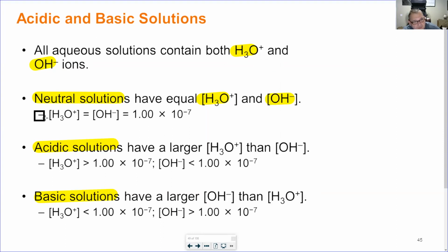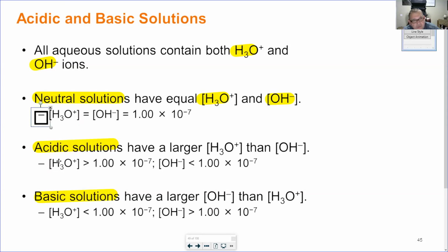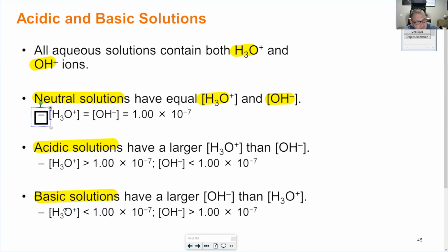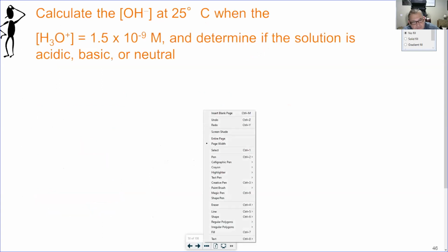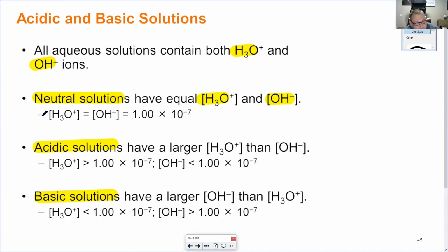All right, so if I draw my shape around that, it's probably more trouble than it's worth here. Let me do it this way. Let me delete that. Okay, that's not a negative.